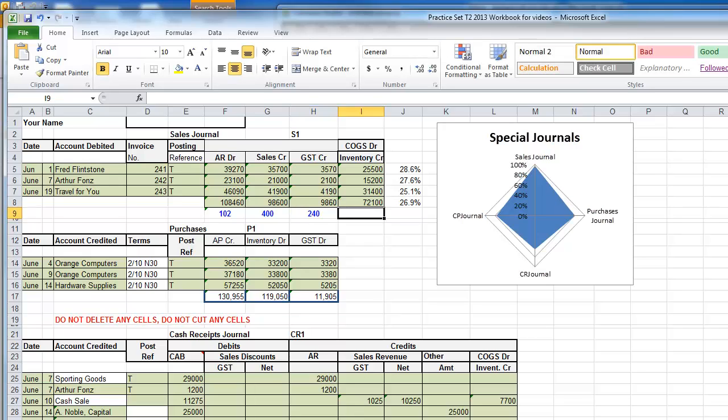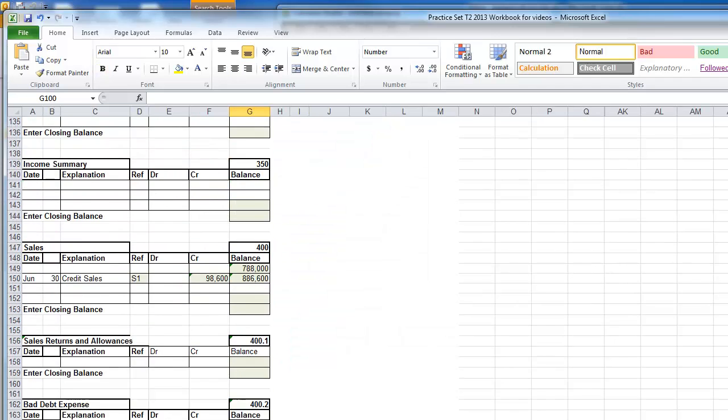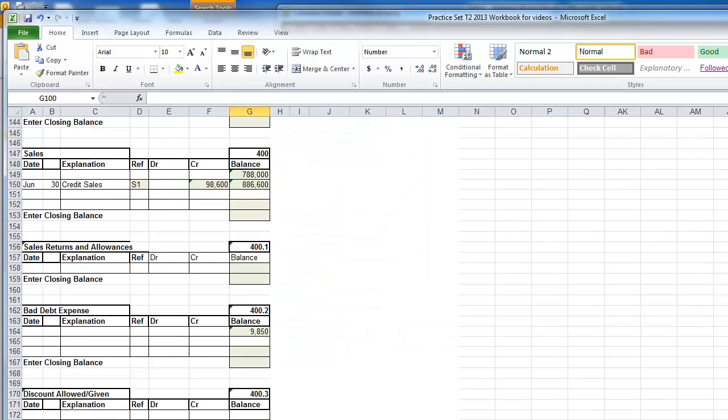The inventory cost of goods sold. This one is a little different because we post both of these, and I'll show you how we indicate that. So we post the debit to cost of goods sold first, 72,100. General ledger, cost of goods sold. So this is an expense, should be getting close now.